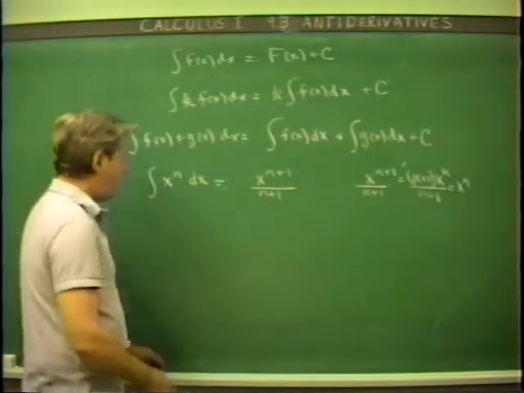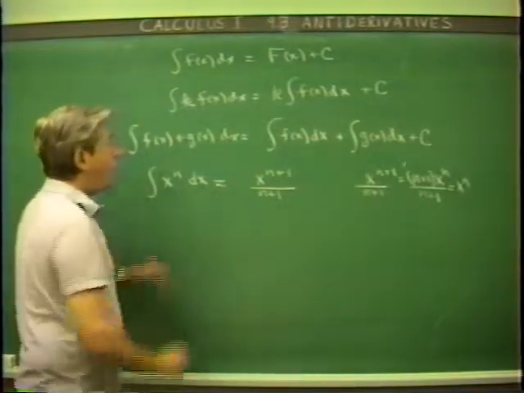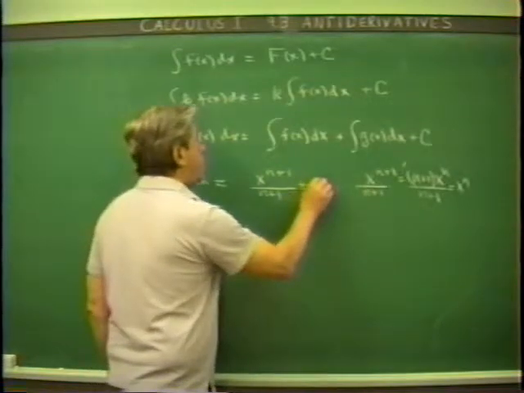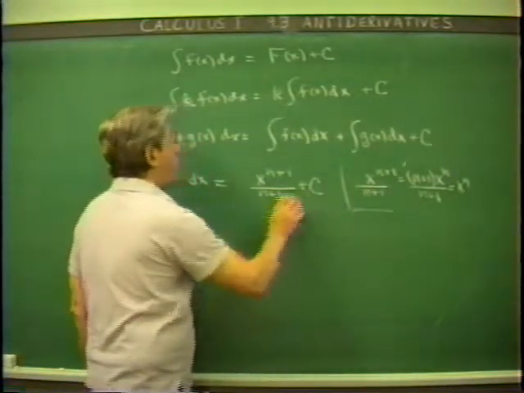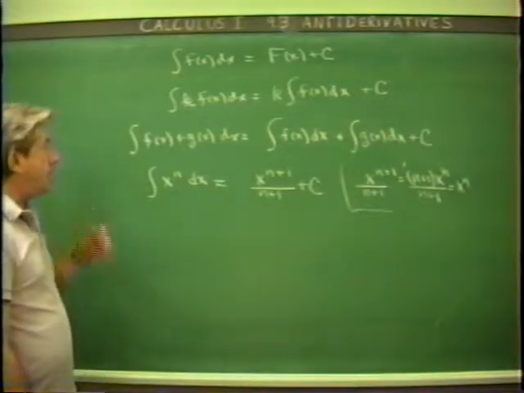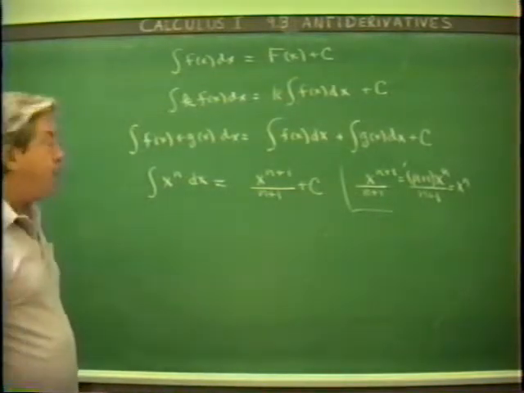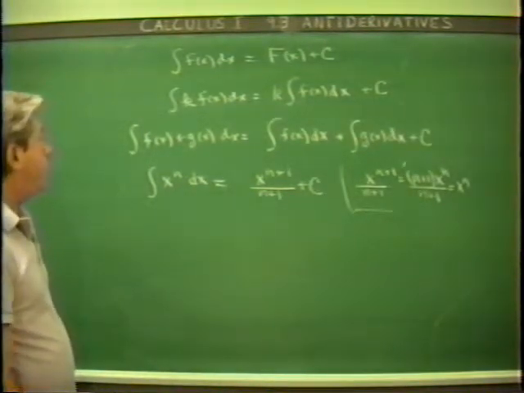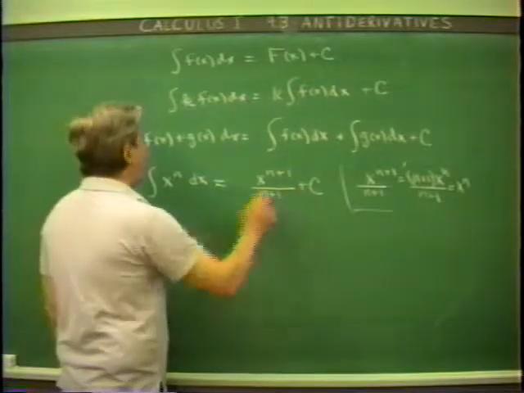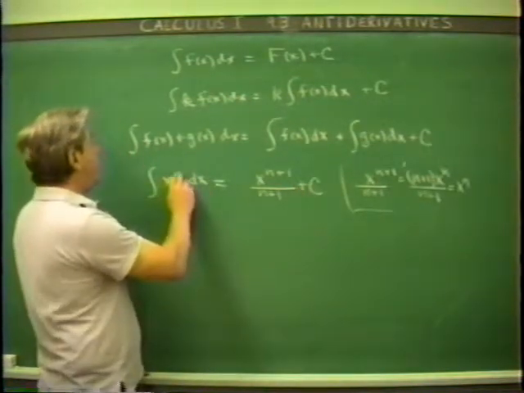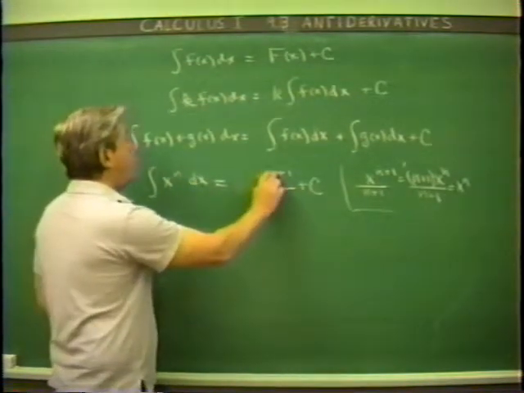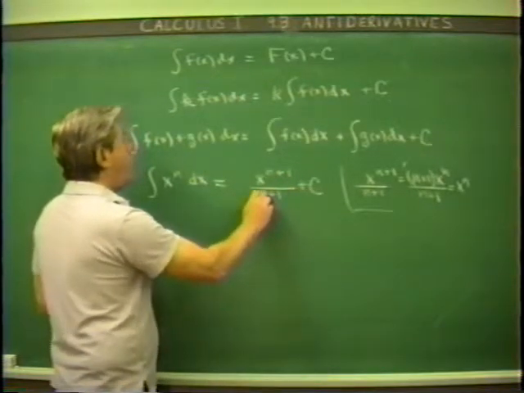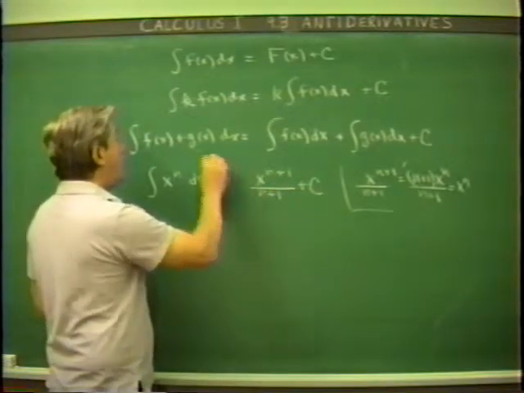So here's a specific antiderivative of x to the n, and any general one then differs from this by a constant. So the antiderivative of x to the n is x to the n plus 1 over n plus 1 plus any constant. This is also going to be true if we replace the n with the rational number r, providing r is not equal to minus 1.